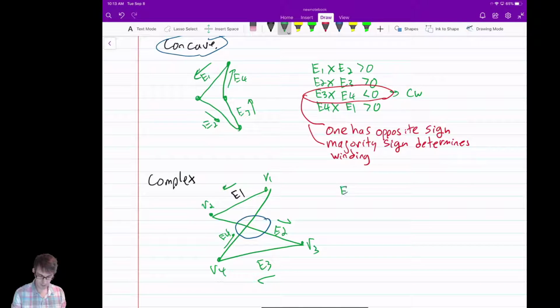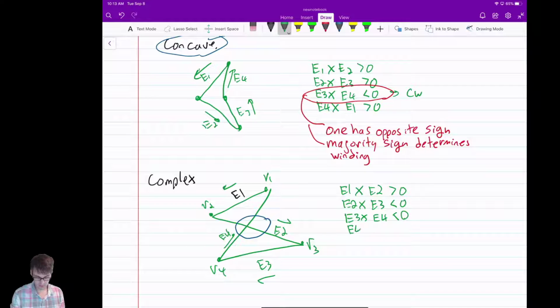So if I do edge 1 cross product edge 2, it goes counterclockwise, so it's bigger than 0. Is that right? That's right. Edge 2 cross product edge 3, it turns right now, so this is less than 0. It goes clockwise. Edge 3 cross product edge 4 turns right again, so this is clockwise.